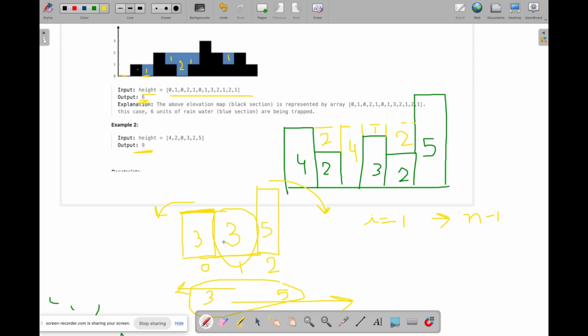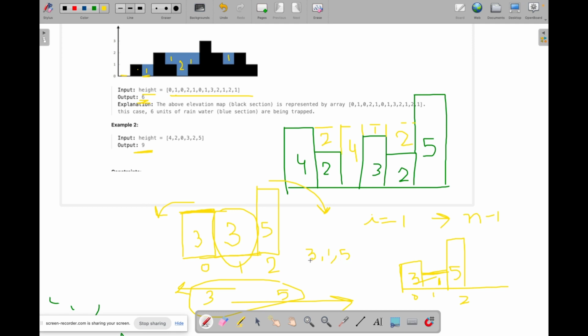Similarly, assume in the same example that you have a wall of 3 units here and a wall of 5 units here. Now you have to figure out how much water you can store, and at index 1 you have a wall of 1 unit also. You are given an array of 3, 1, 5.